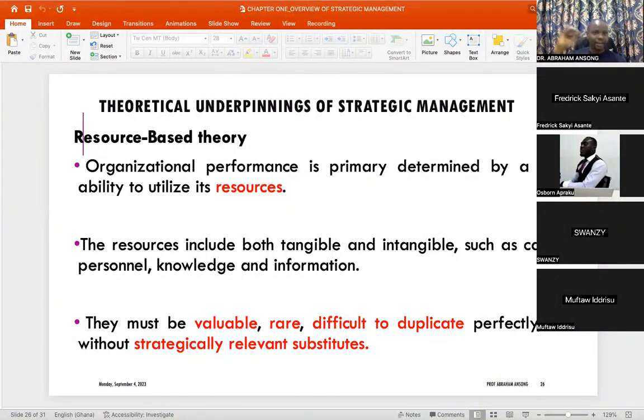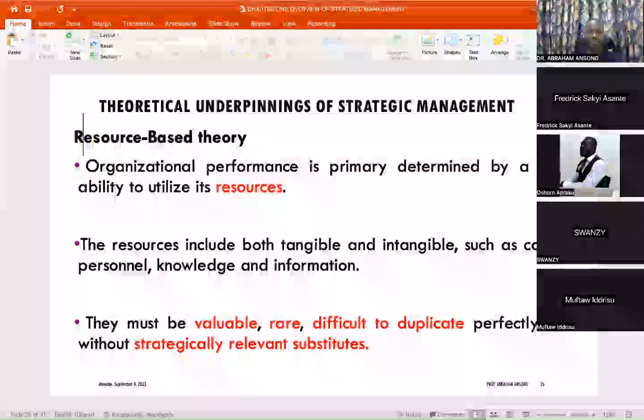So unlike the IO theory that is looking external, at the industry, resource-based theory is looking internal. It argues that how well you employ or utilize the resources of your organization determines how well you can perform as a business.